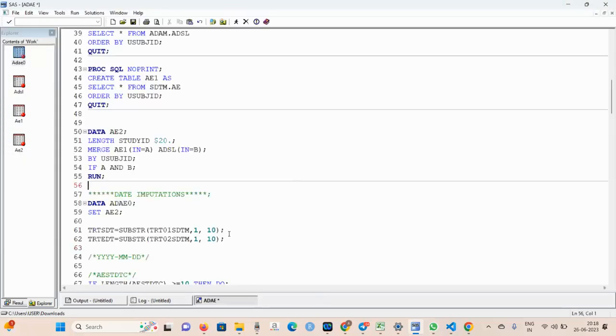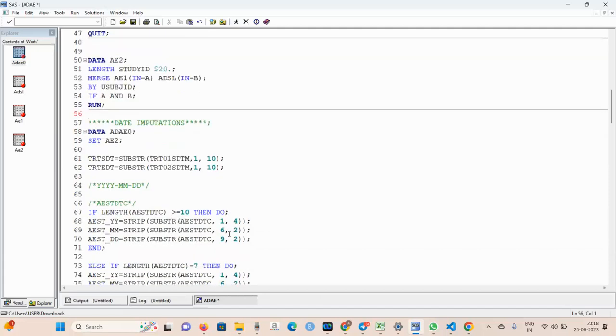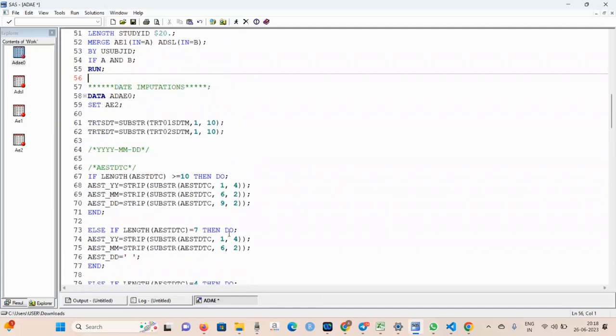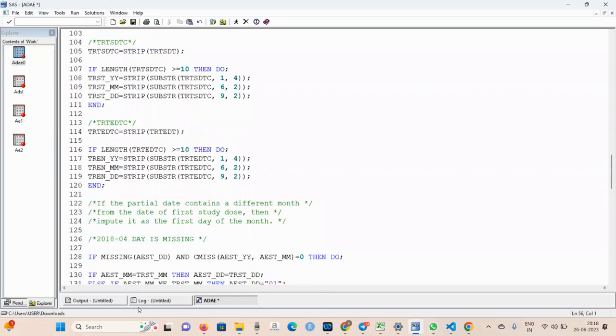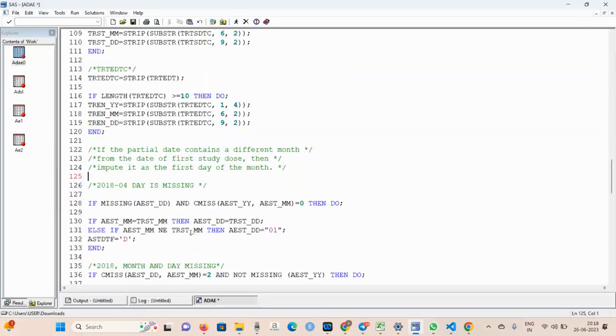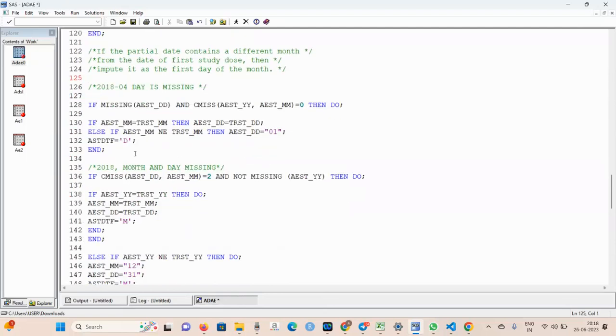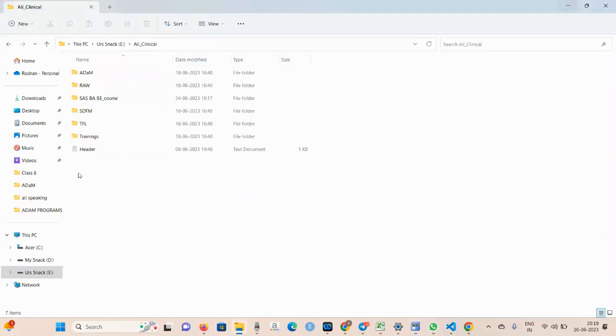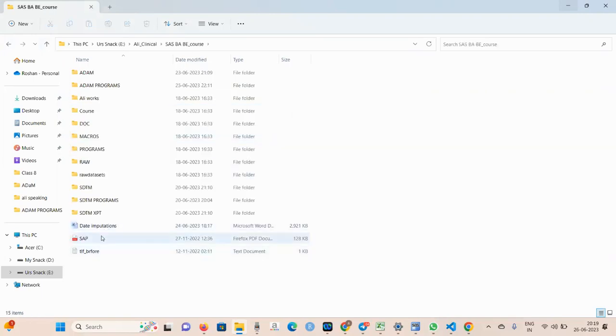Okay, so I'm going to check this one after. Right now, it's taking too much time. So for now we leave it as it is, because this is just the numeric values converted. But I will give the PowerPoint for the coding and everything. So I have the PowerPoint here on how to do the imputations.